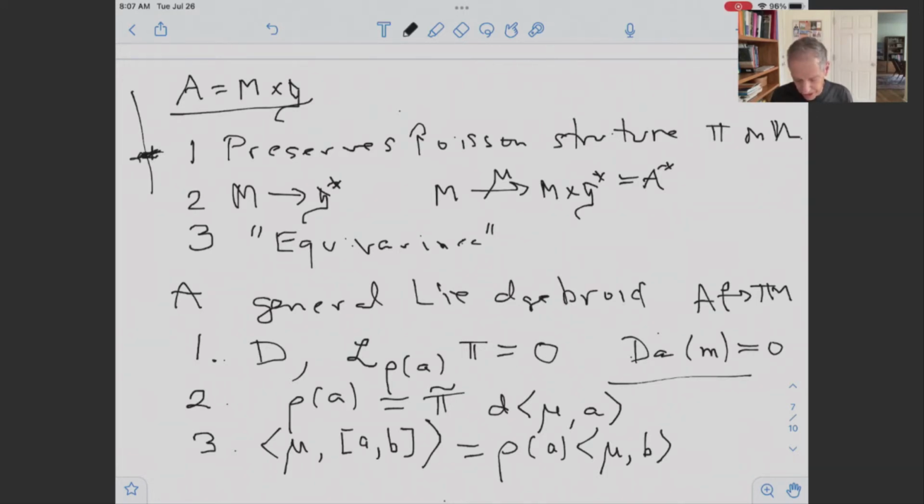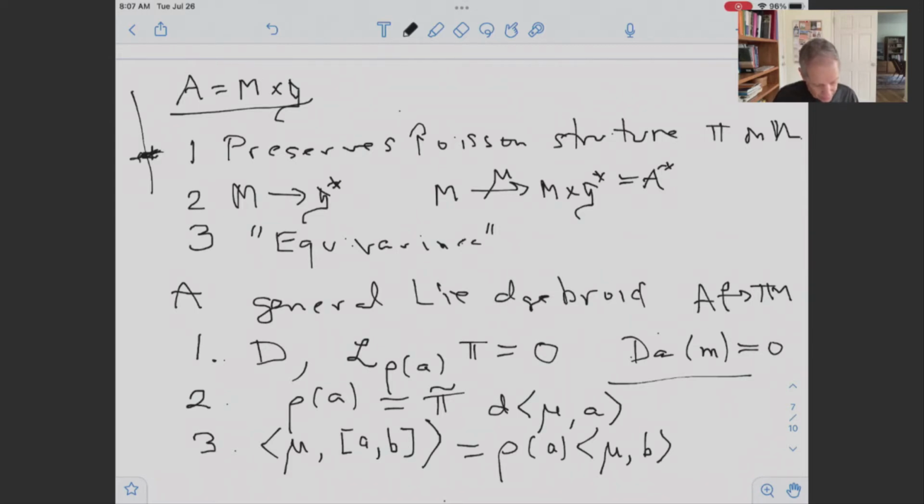And in our case, we require that it holds at a given point if the sections A and B are D-parallel at that point, or D-horizontal. In other words, have vanishing covariant derivative at that point.